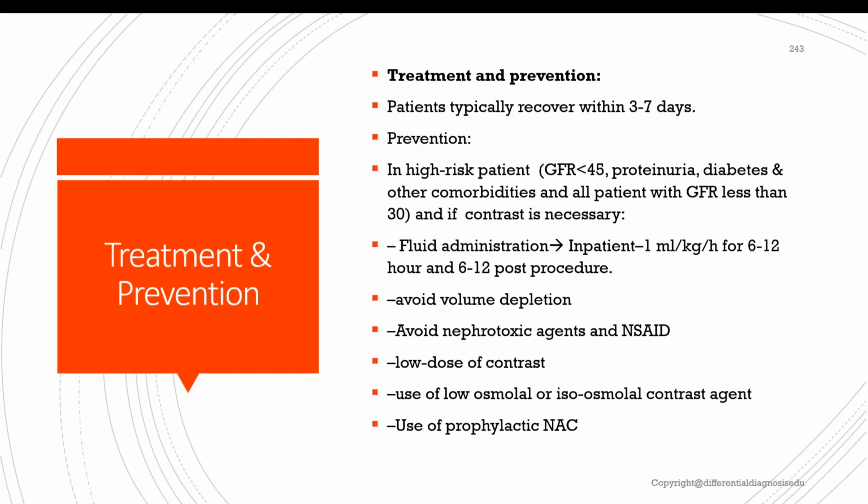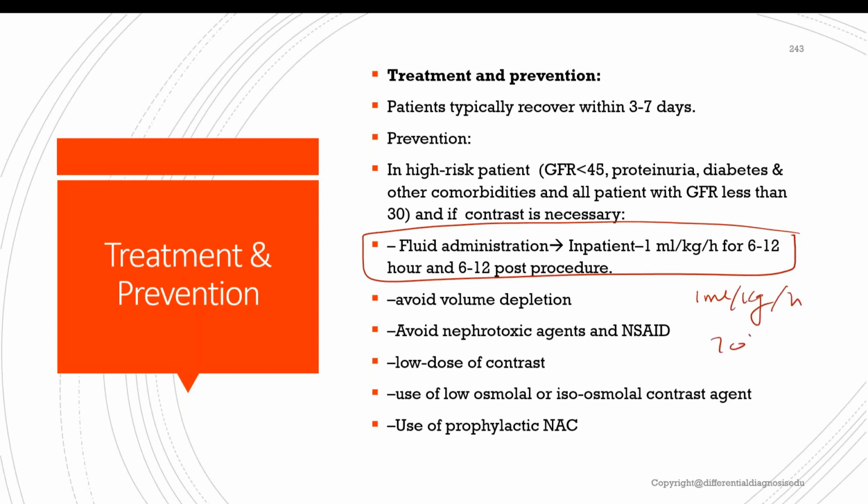So what is the treatment? The most important treatment is before and after the contrast, you give them fluid. How much fluid? 1 ml per kg per hour. Let's say they're 70 kg. Give them 70 cc per hour, 6 to 12 hours before the procedure, before the contrast, and 6 to 12 hours after the contrast.